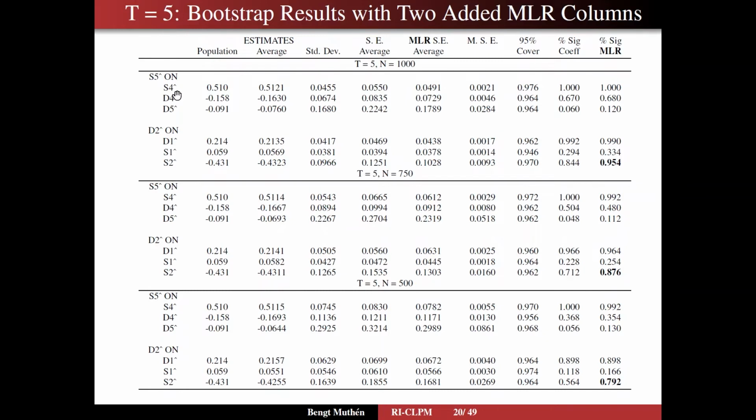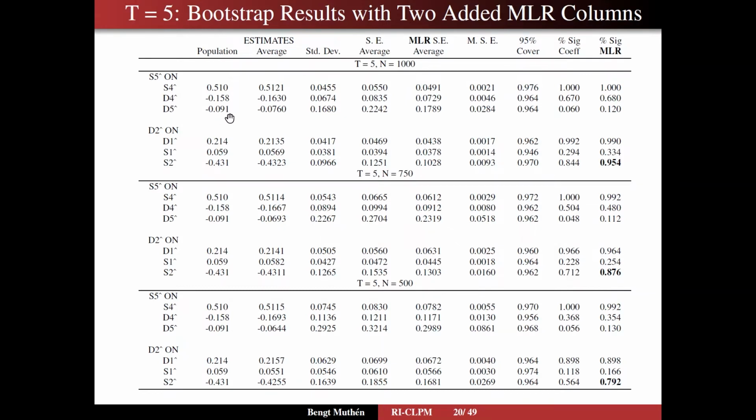It regresses on S4 hat, so that's the autoregression. In the population, that's 0.510. And here, regressed on D4 hat, that's the cross-lagged effect, which is minus 0.158. And then you have the reciprocal effect, minus 0.091.